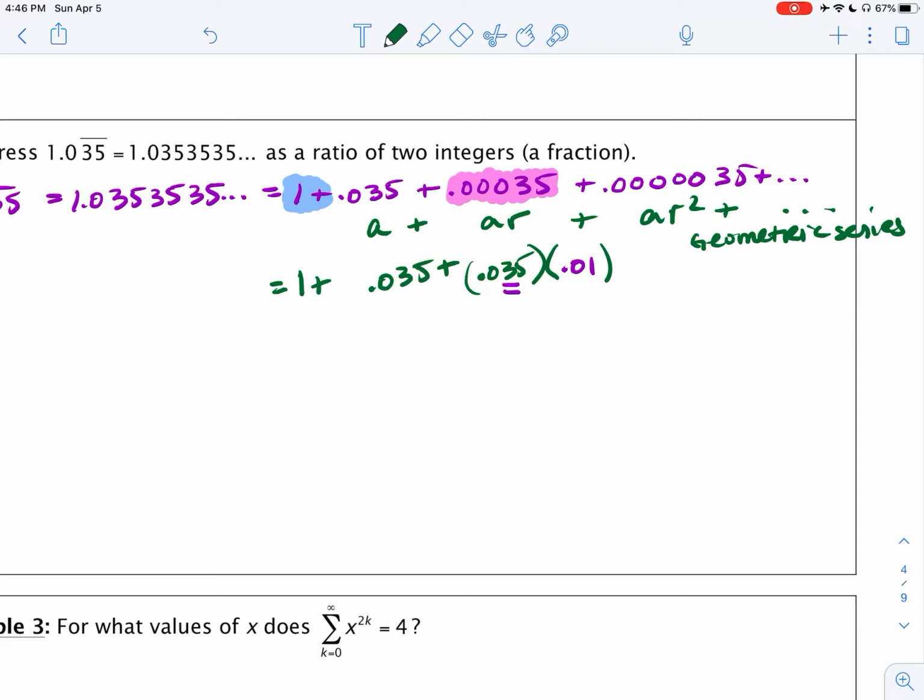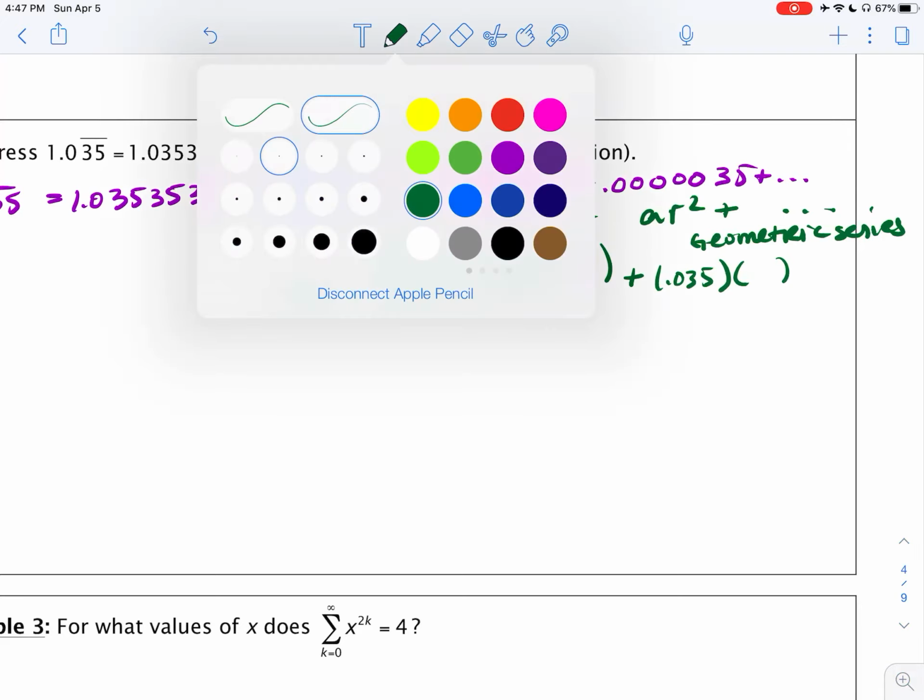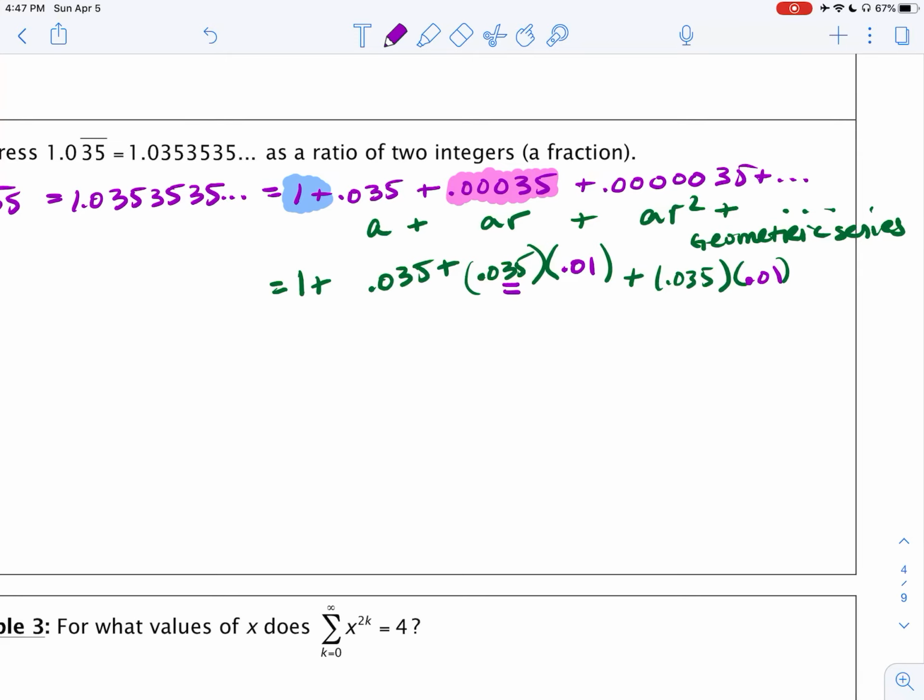Good. And the next one would be plus 0.035 times 0.01 squared, right? Because multiplying those two together, I would get 1, 2, 3, 4, 5, and that's how many zeros I have there. Good. So plus dot dot dot.